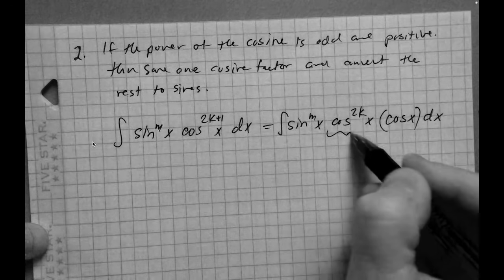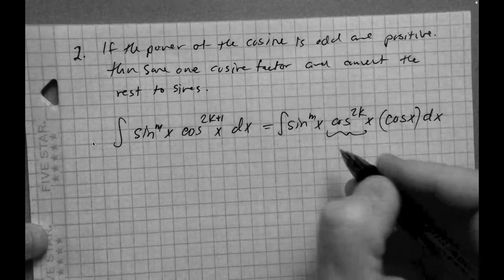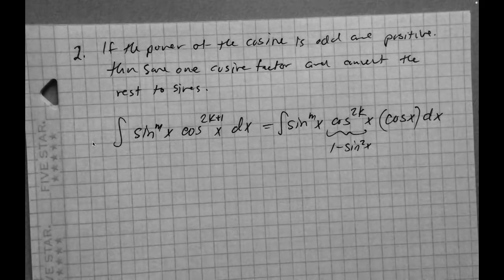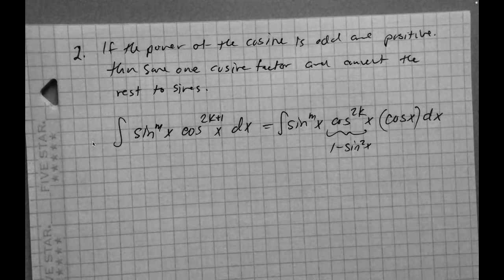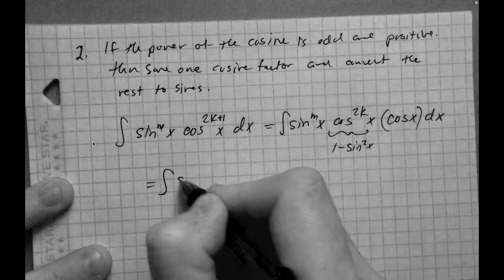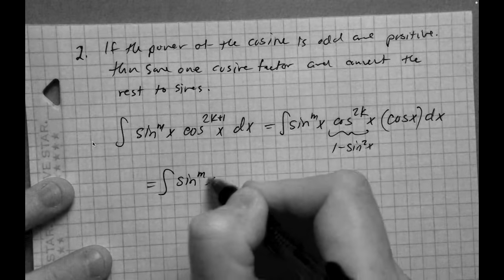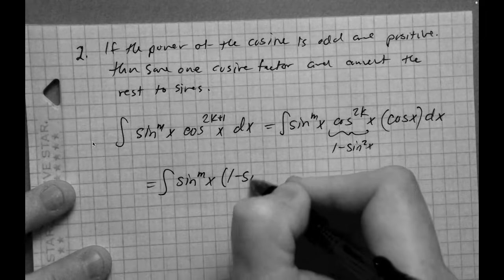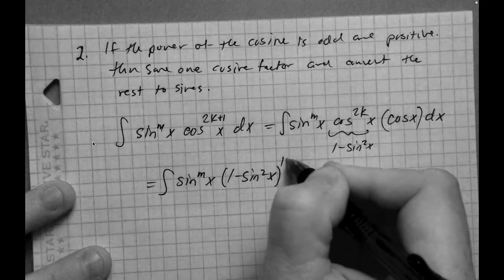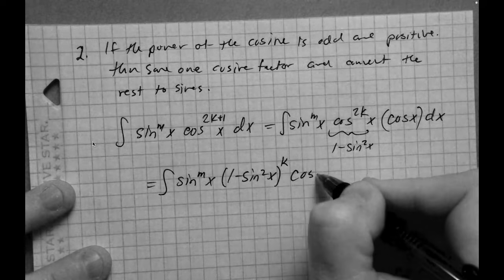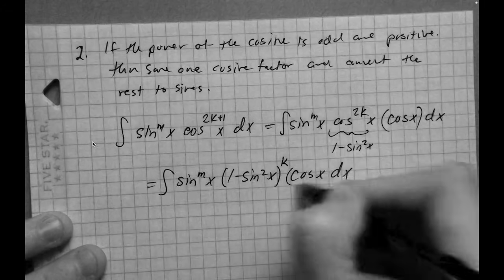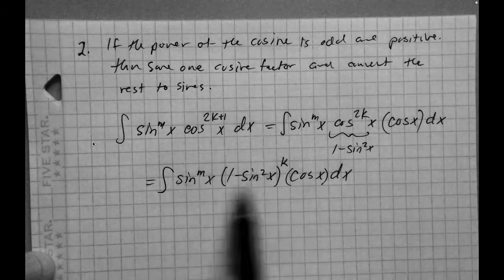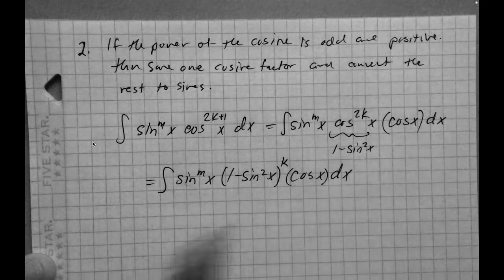And then we're going to convert this to 1 minus sine squared x, and it's going to be to the kth power. So it might look like this: sine of x raised to the mth power, and then 1 minus sine squared x to the kth power, and then we still have our cosine over here. Okay, and then just like before, we'd expand this section of it and use this as our du.